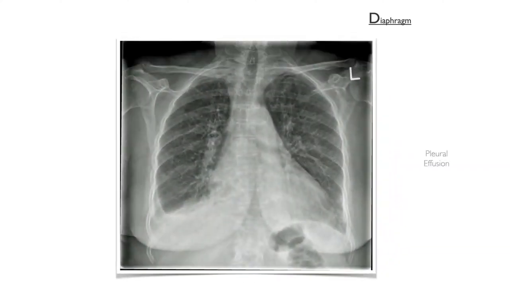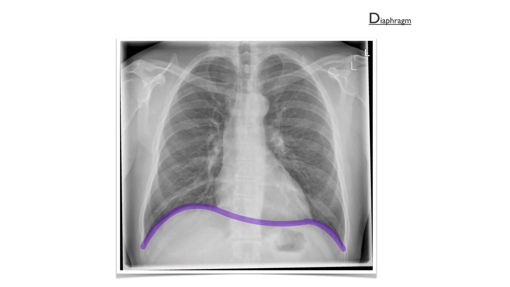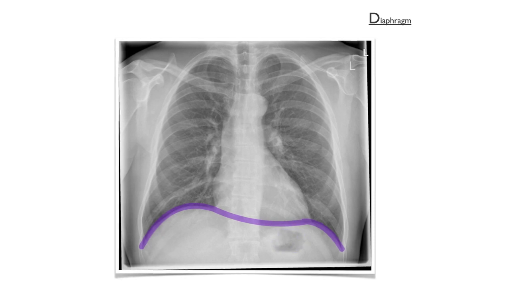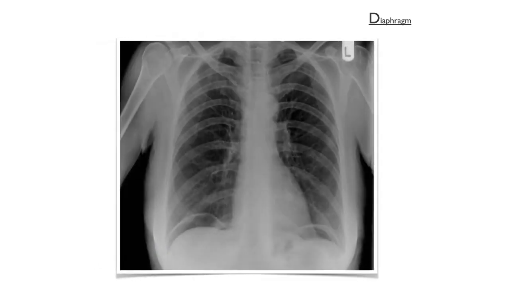Blunting of the costophrenic angles occurs in small pleural effusions, as shown here. Look below the diaphragm, at the gas bubble in the stomach, and for any free air beneath the diaphragm that suggests either a perforated stomach, bowel, or recent surgery.